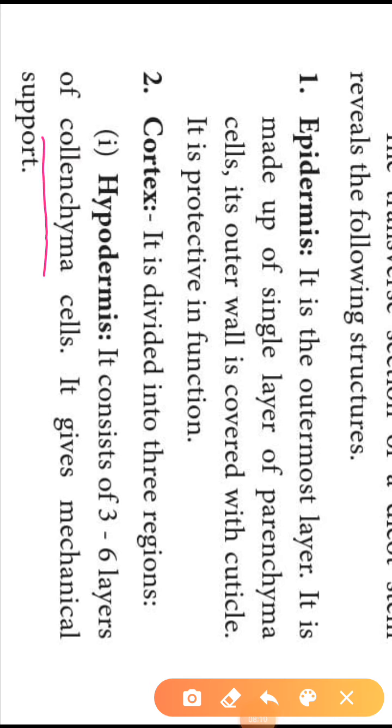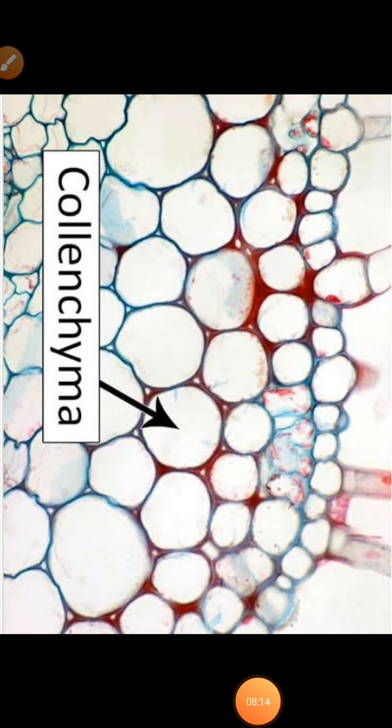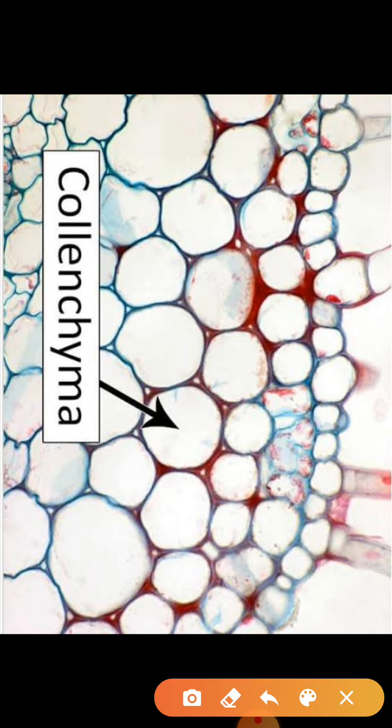What is collenchyma cells? Collenchyma is the elongated living cells with irregular cell wall. It has sticky deposits of cellulose.